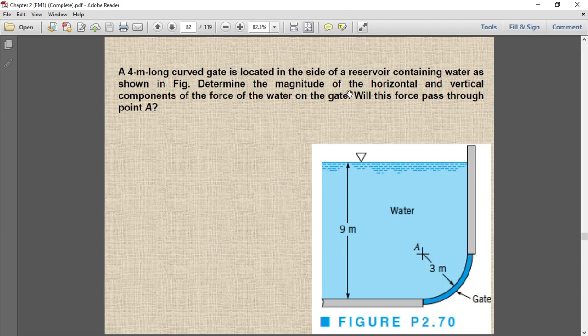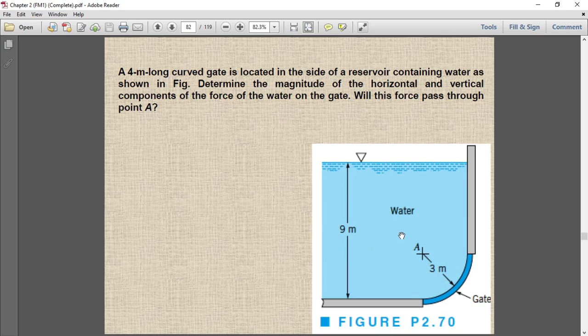Determine the magnitude of the horizontal and vertical components of the force of water on the gate. Will this force pass through point A? We have to say whether this force will pass through the center of the curve or not.